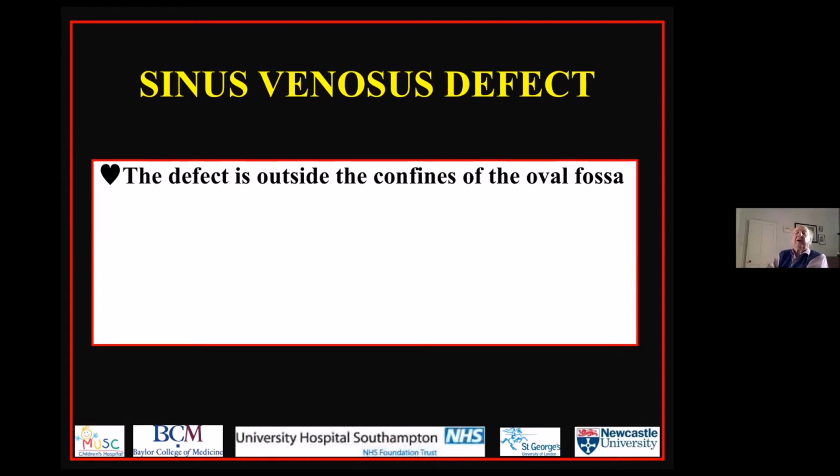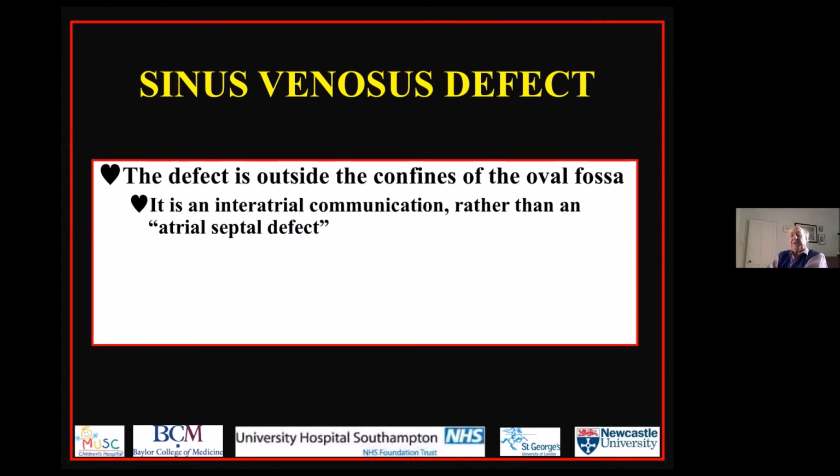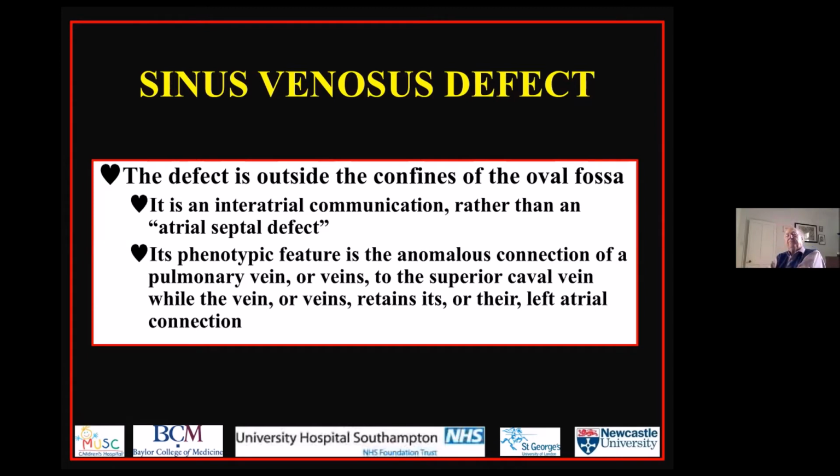But nowadays, more and more interventionists such as yourselves are trying to close sinus venosus defects. So when we think of sinus venosus defects, we have to remember that these are interatrial communications because they are outside the confines of that oval fossa.